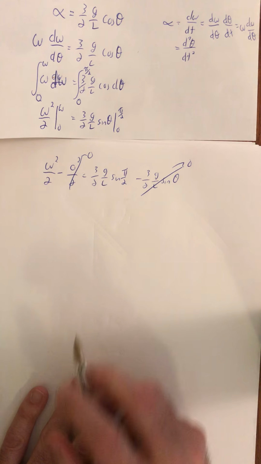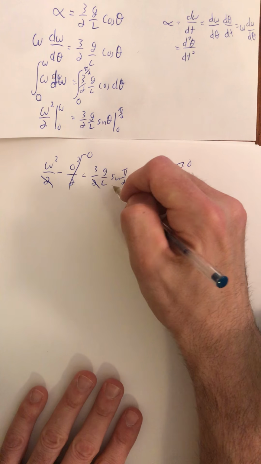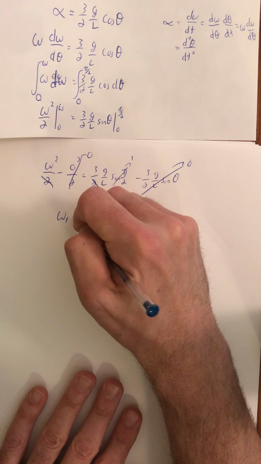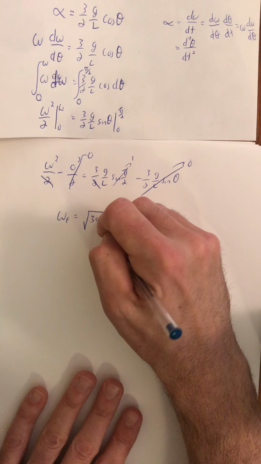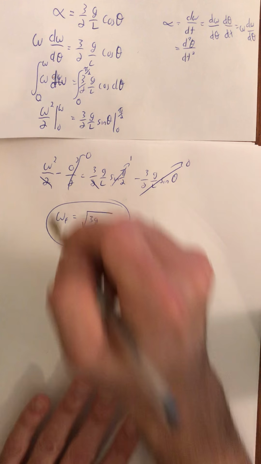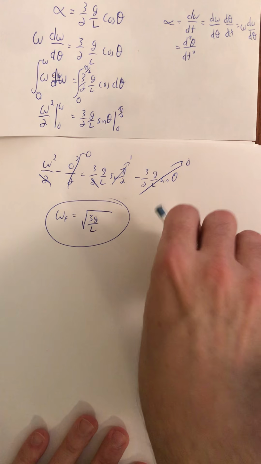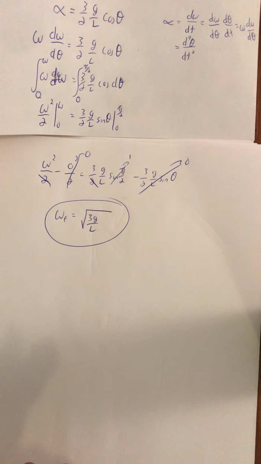That goes away. I can get rid of a half there, and sine of pi over 2 just goes to 1. So omega final is equal to the square root of 3g over L. And that's it. So I now know that as that bar whooshes through the vertical, it's going at radical 3g over L.